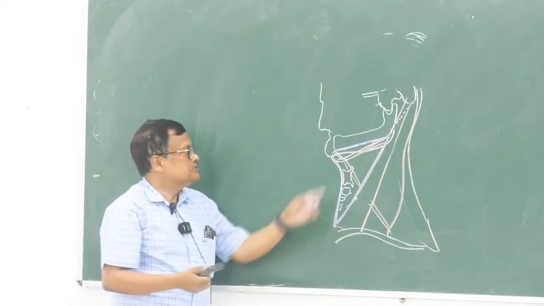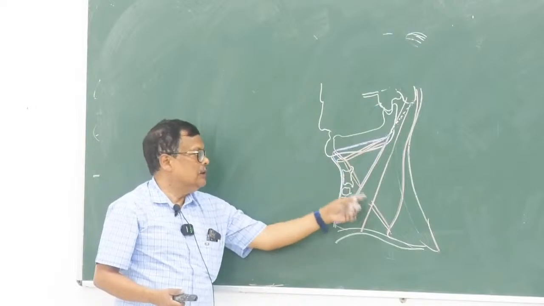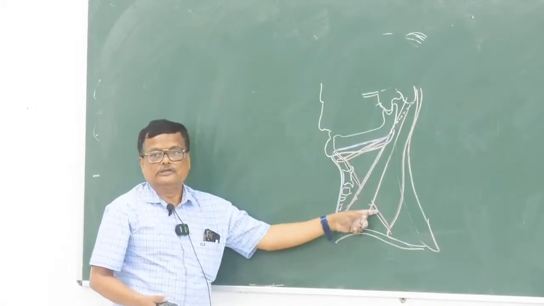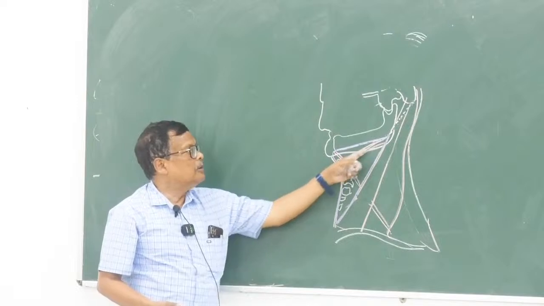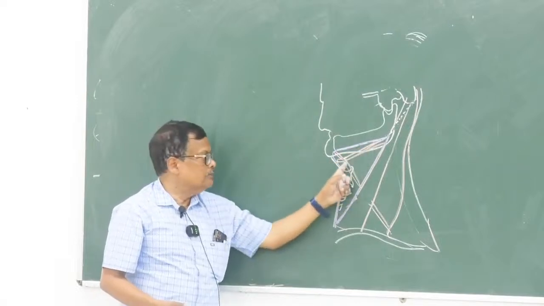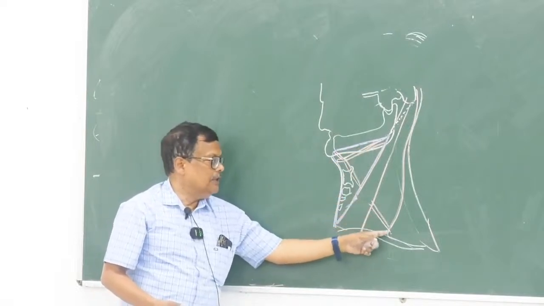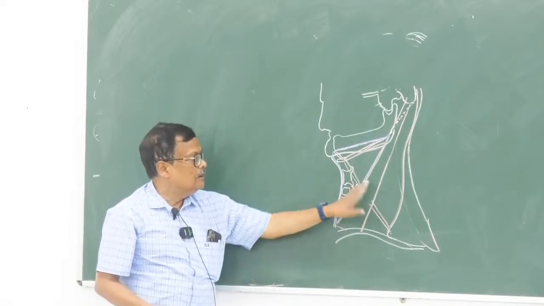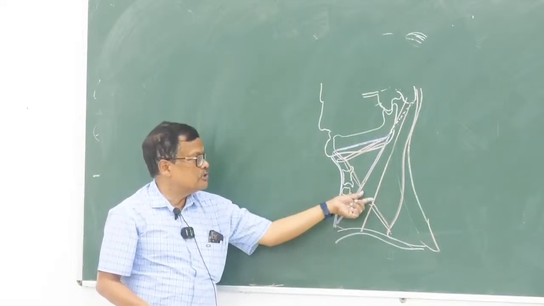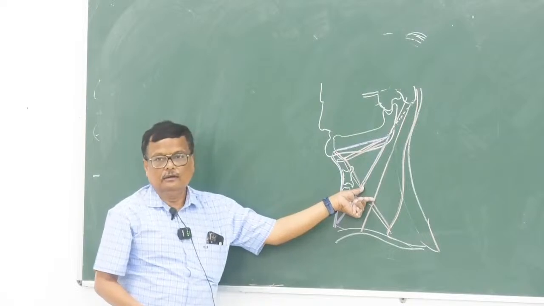By two muscles, digastric muscle and omohyoid muscle. Digastric muscle has got an anterior belly and a posterior belly, and omohyoid muscle has a superior belly and an inferior belly, and omohyoid muscle passes behind the sternocleidomastoid, so that part we cannot see here.